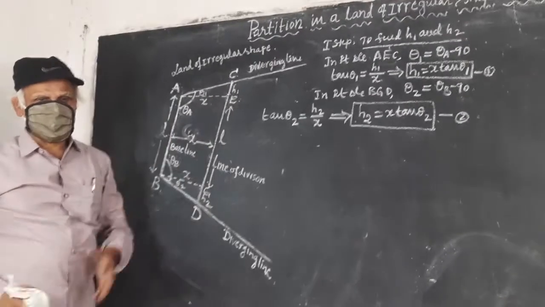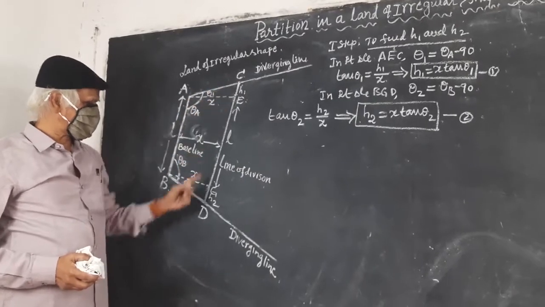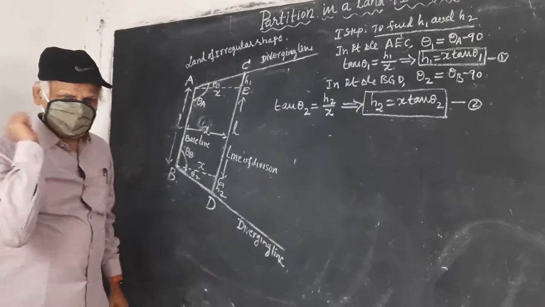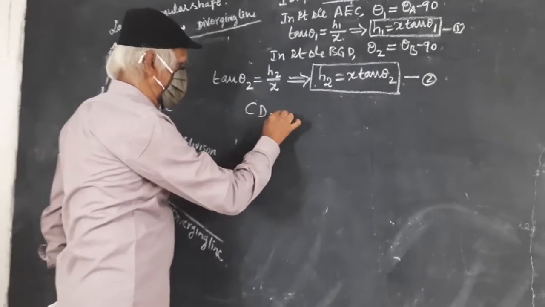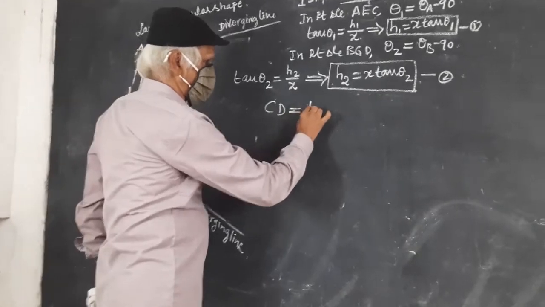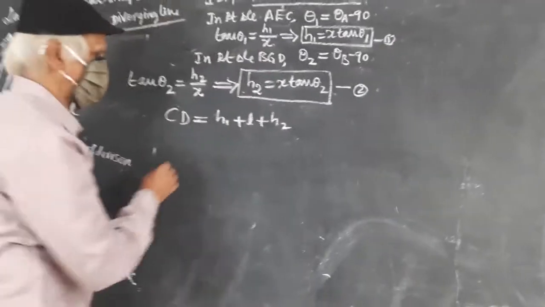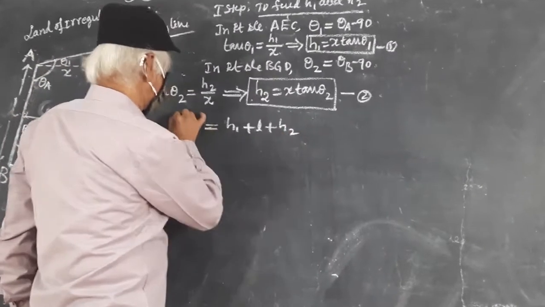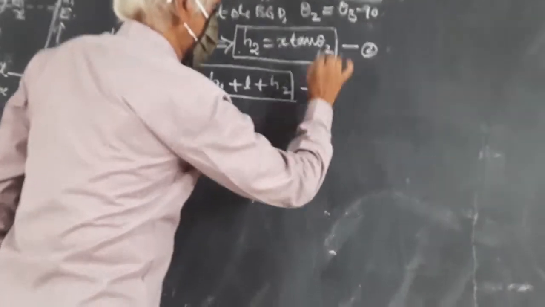So the two equations give the opposite sides H1 and H2 if X is known in terms of theta 1 and theta 2. So in the diagram it is clear, the length of the line of division will be the sum of H1 plus L plus H2. So call this equation as 3.